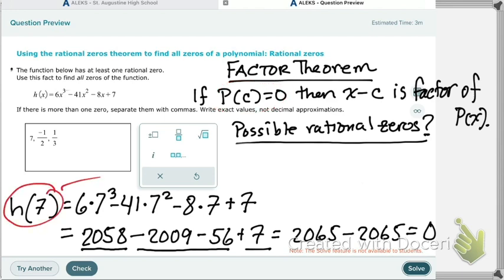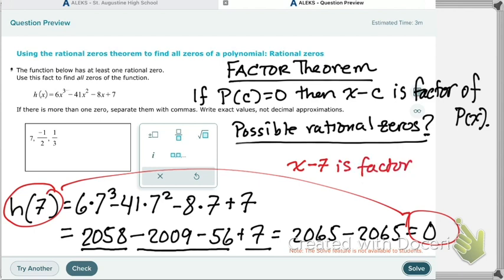H of 7 is equal to 0. So that means, using the factor theorem, that x minus 7 is a factor of h of x. Okay?